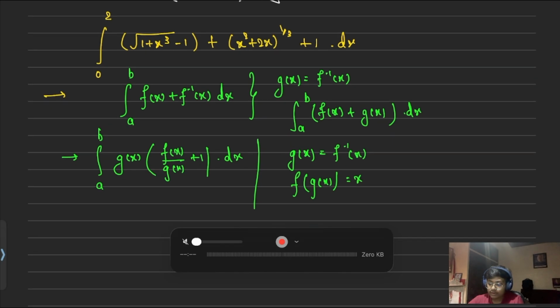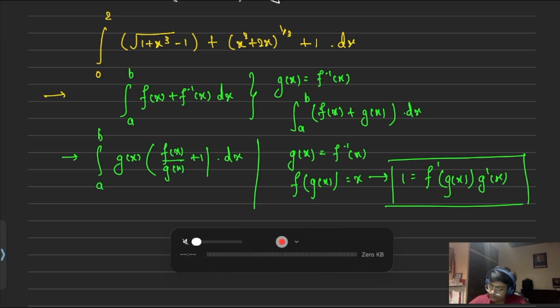Now if we differentiate this equation on both sides, we get 1 is equal to f dash of g(x) into g dash(x). And the main trap I was talking about is that, if this is equation 1, then we need to replace this 1 in the integral itself.